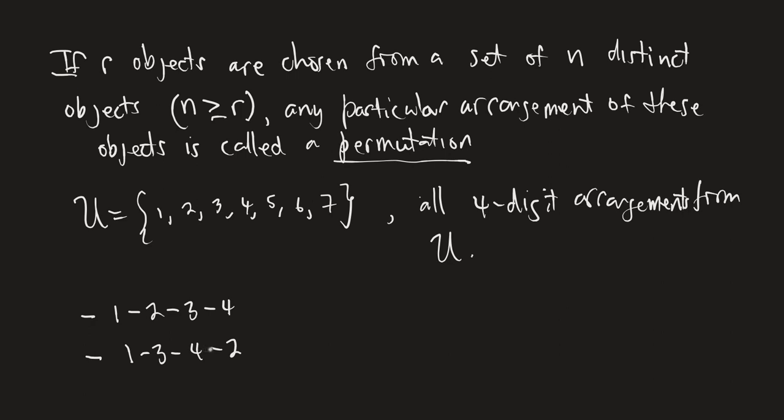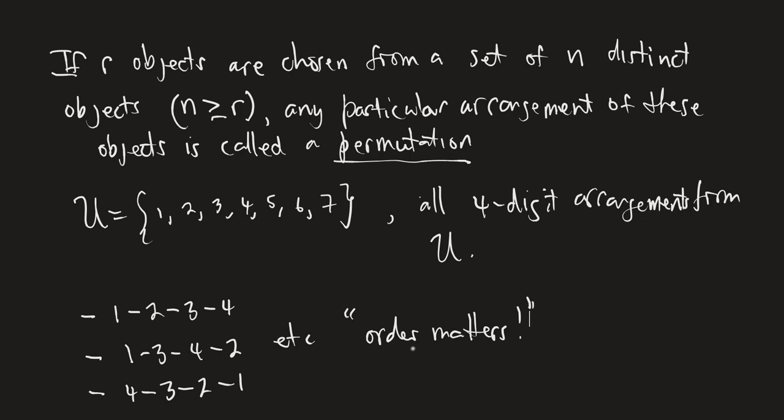That's why it's a permutation. Another one that utilizes the same 4 digits would be, maybe someone did it in reverse, 4, 3, 2, 1, etc. So again, the whole idea of a permutation is that order matters.